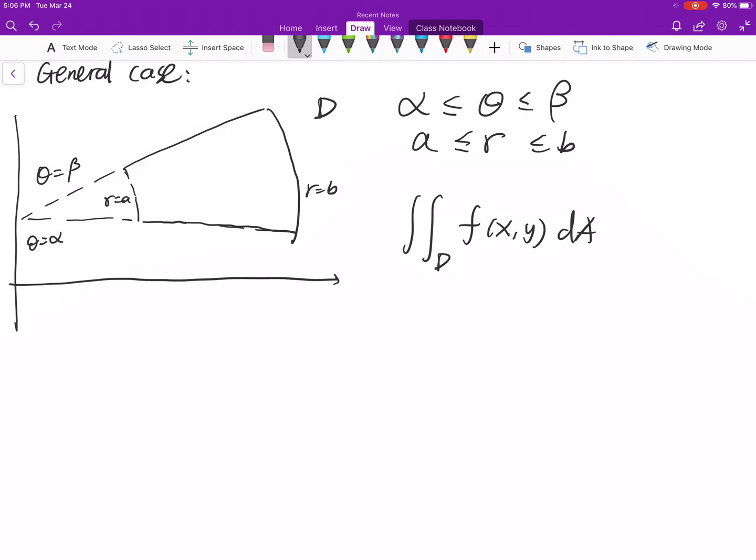Just a remark, this is in xy coordinates.